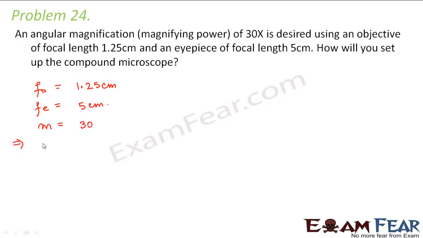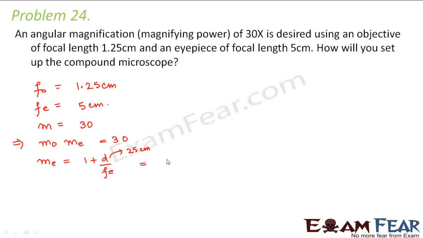Now we know that the total magnifying power is the product of the magnifying power of the objective and the magnifying power of the eyepiece. So this is equal to 30. Right? Now we also know that the magnifying power of the eyepiece is given by 1 plus D by FE, where D is nothing but the distance of distinct vision, which is 25 centimeters.